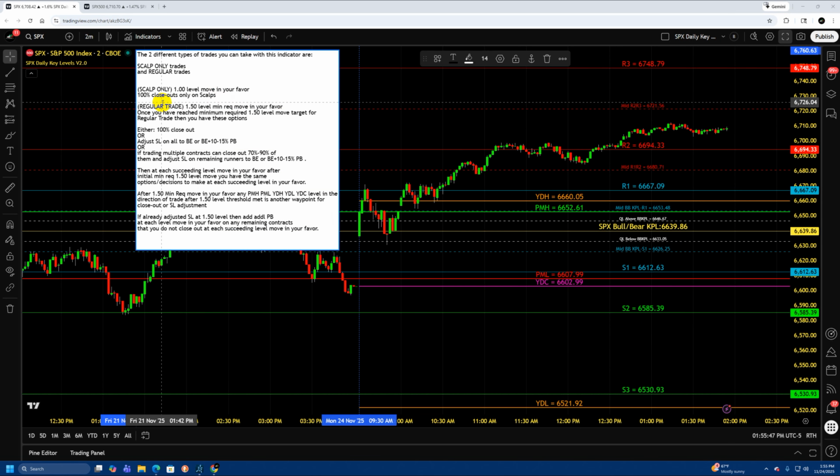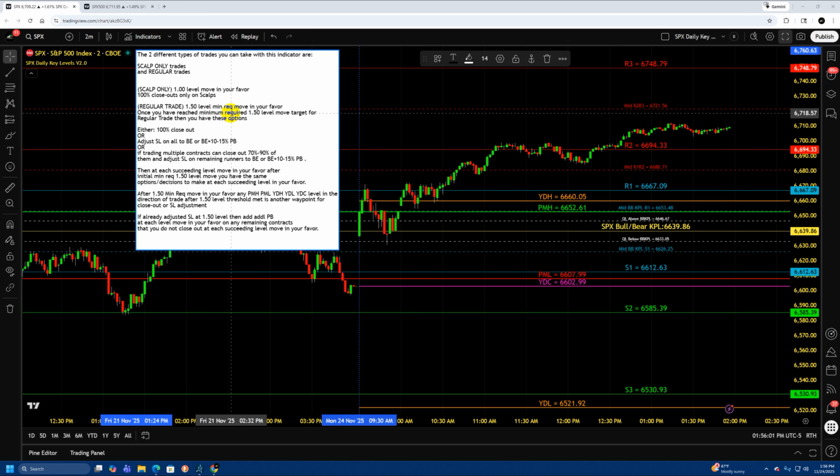The other type of trade that you can do with this indicator is what we term a regular trade. On a regular trade, you're looking for a 1.5 level move in your favor as the minimum required move to trigger all these different options that you have once the 1.5 level move in your favor has been met.